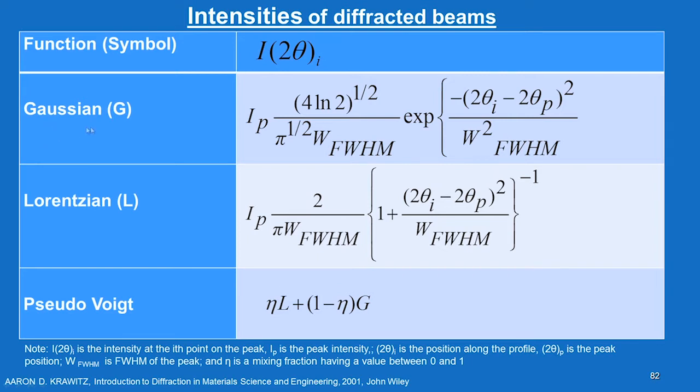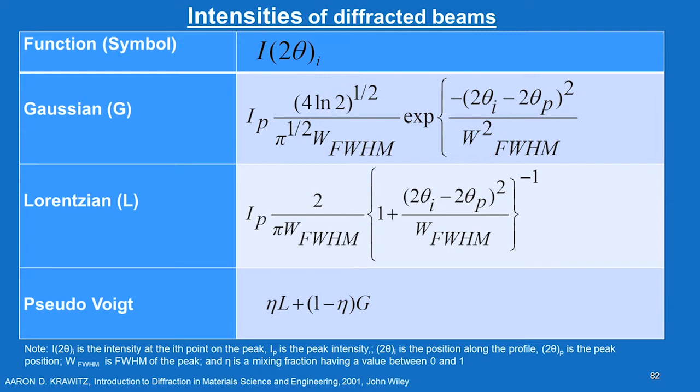First, the Gaussian: if your peak can be fitted to a Gaussian model based upon this expression, then we can do certain types of calculations. Secondly, if your peak can be modeled with a Lorentzian function like this, then that has some advantage, as we will see. And then you also have a pseudo-Voigt model, which is represented by this equation. I will not get into the details of this, but you should know the basic idea of fitting the X-ray diffraction and how it can be utilized.